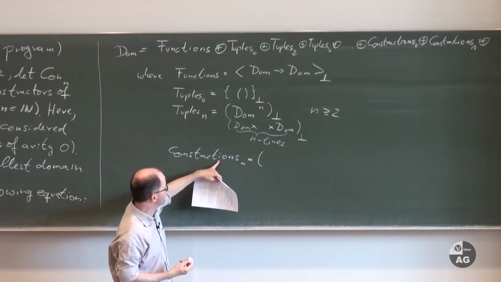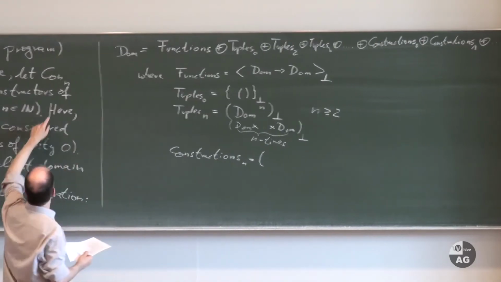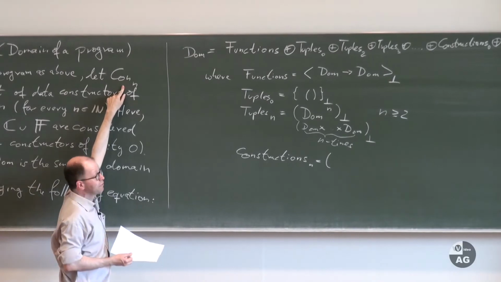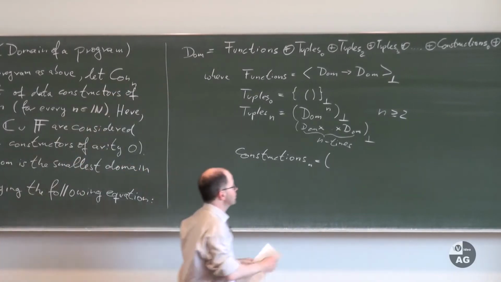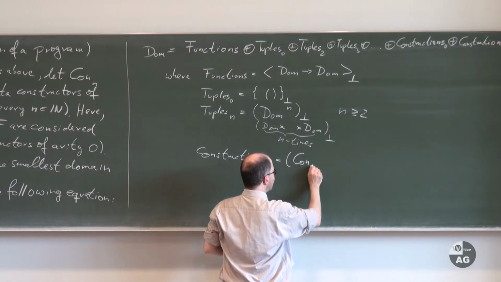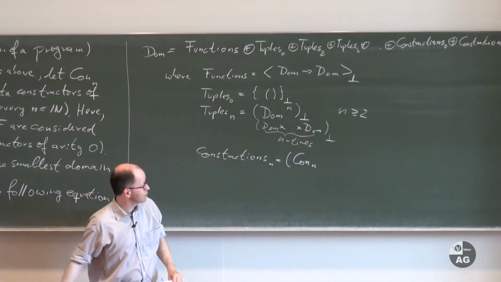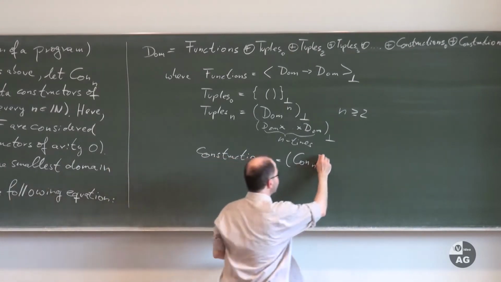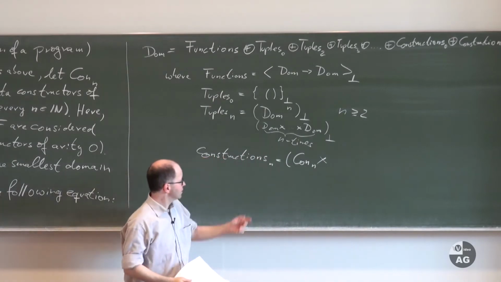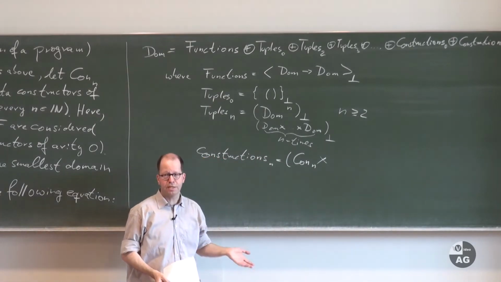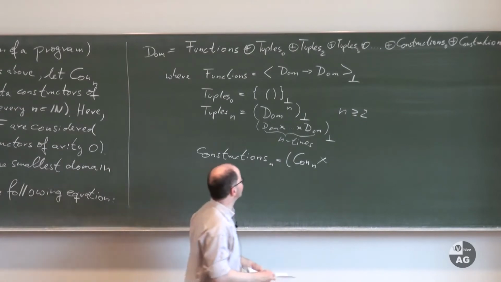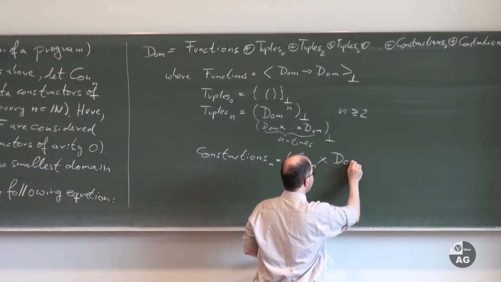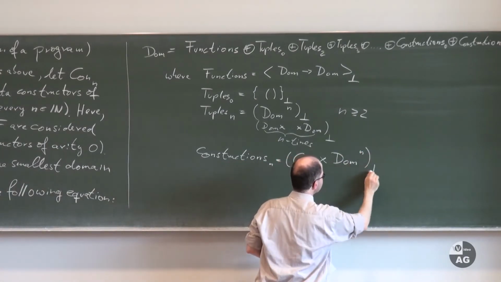So it's a constructor of arity n. And constructors of arity n, the set of all constructors of arity n is con n. So the first component here is the name of some data constructor from con n. And then we have the n arguments. And the first argument comes from DOM, and the second comes from DOM, and the last one comes also from DOM. So then we have DOM n times, and this thing is lifted.